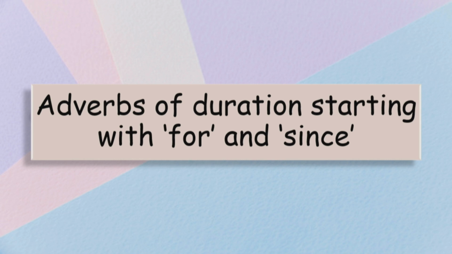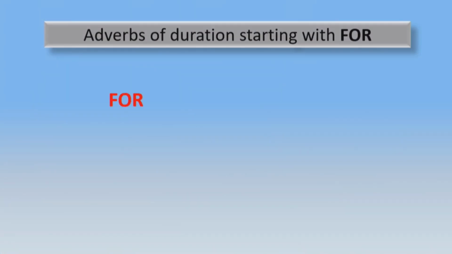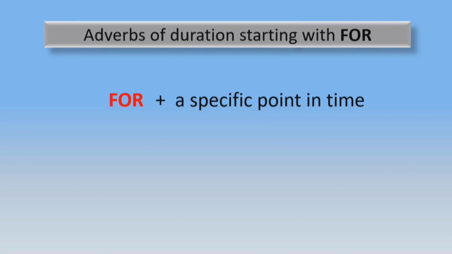Now, let's see adverbs of duration starting with for and since. For is combined with a specific point in time to answer the question, for how long? This period of time can be either in the past or in the future or up to the present.